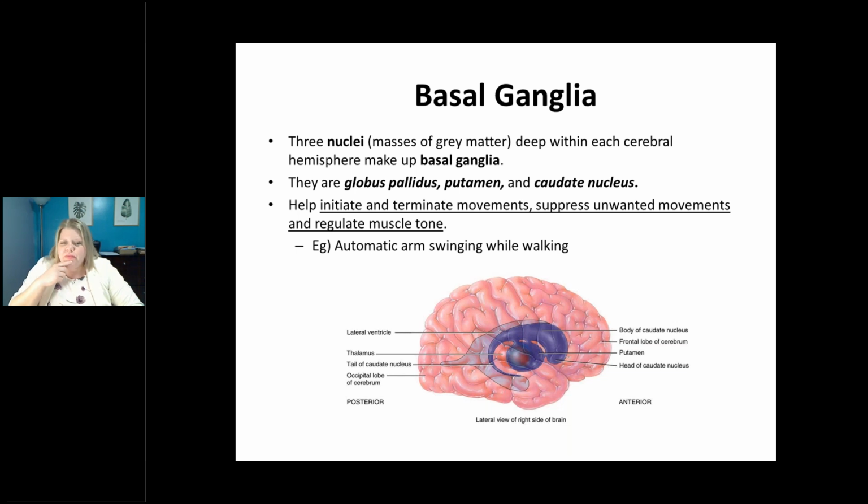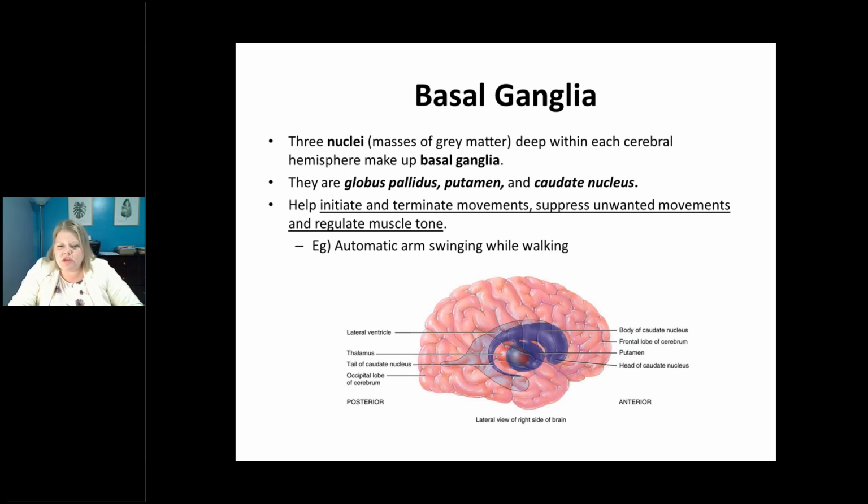Okay, we talked about the basal ganglia already, as it is important in Parkinson's disease, but I just want to touch on it a little bit here. The basal ganglia is made up of 3 nuclei, which are again masses of gray matter, deep within each of the cerebral hemispheres: the globus pallidus, the putamen, and the caudate nucleus.